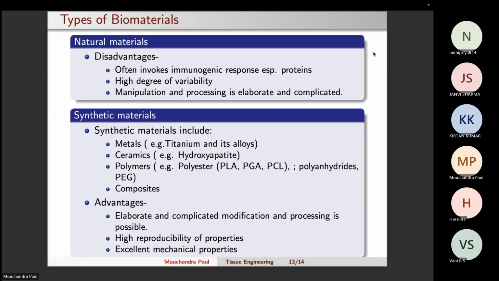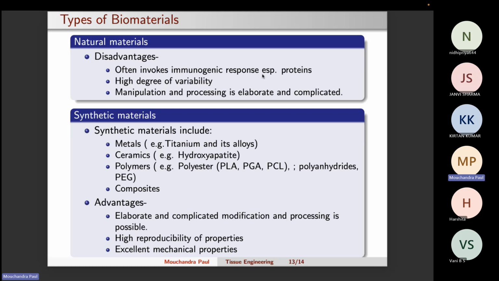But it also has some disadvantages. The first disadvantage is that if you are using a protein, say collagen from rat tissue, and you're using that collagen for humans, then there can be some immunogenic response.